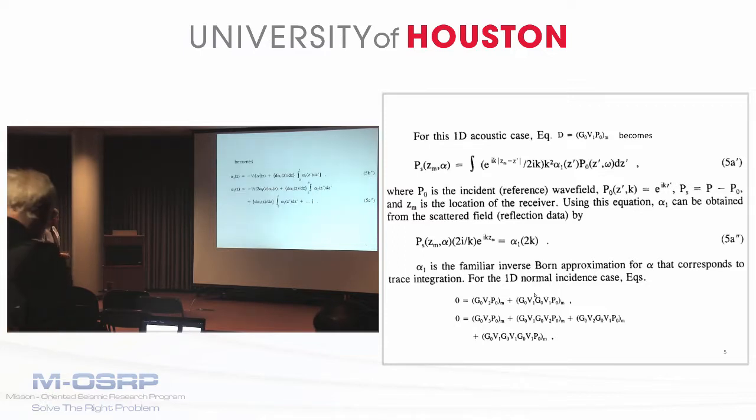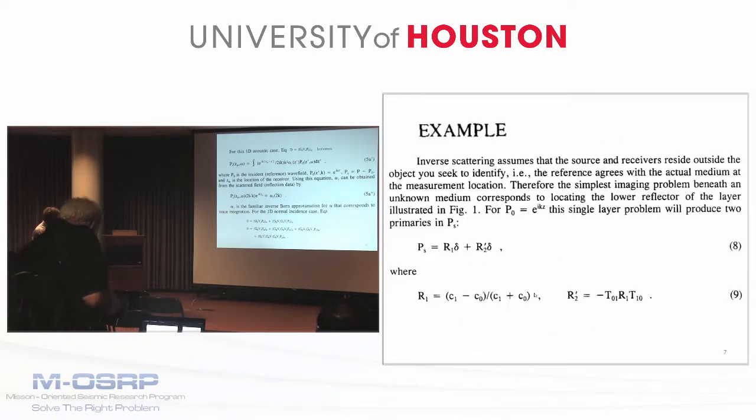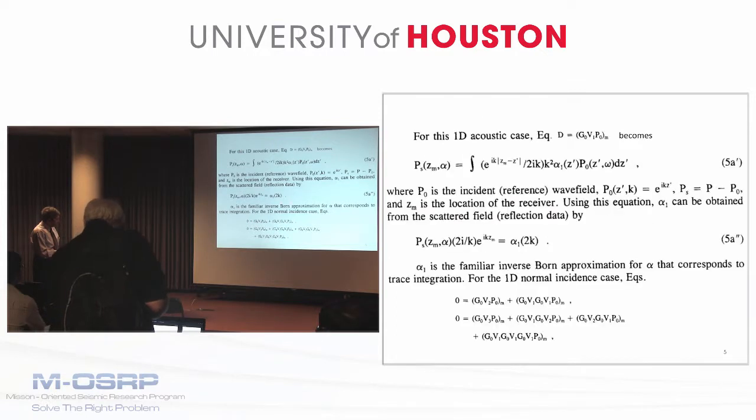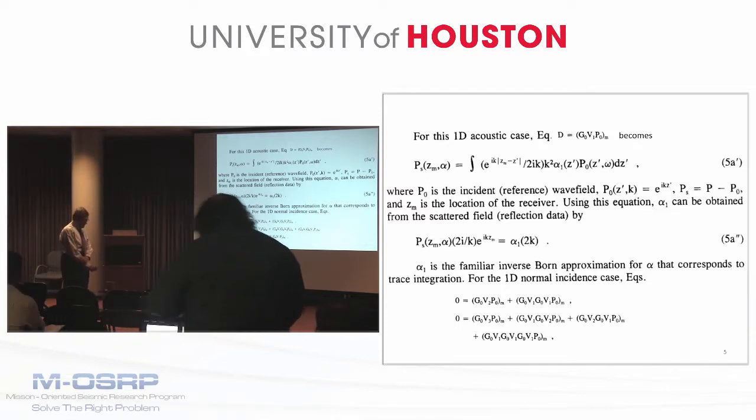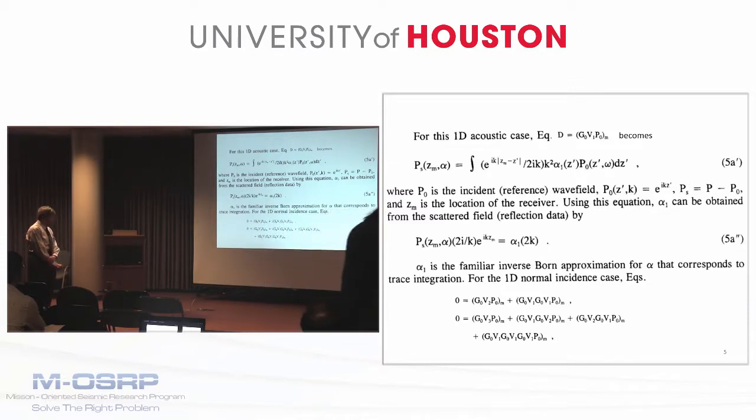So if you look at a detail of what these equations become for this simple case, these V1, V2 are very general. V is any difference between L0 and L. Any operators could be elastic, could be electromagnetic. This methodology is applicable to many fields.